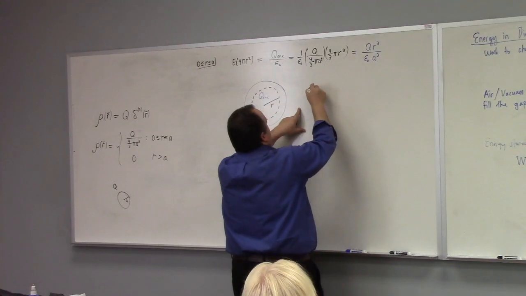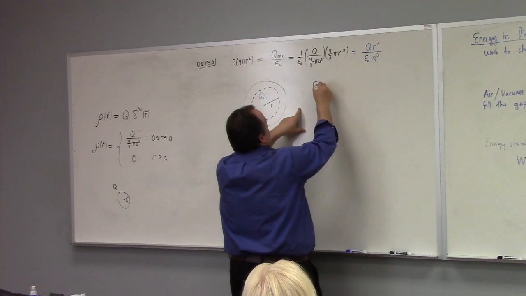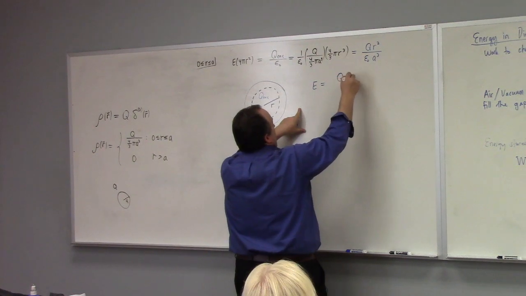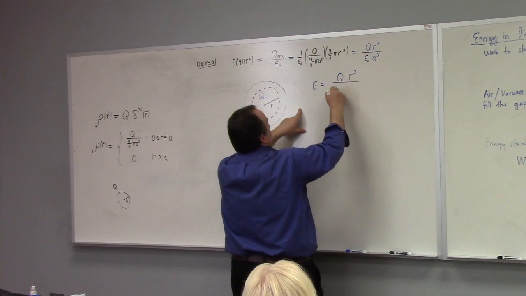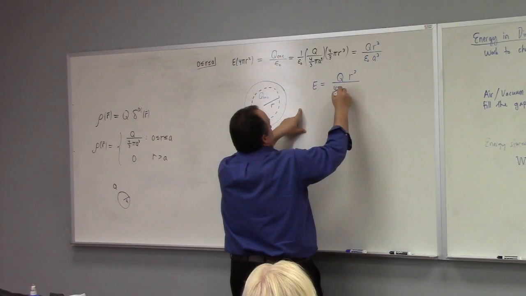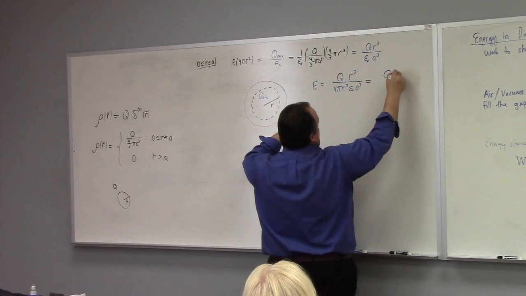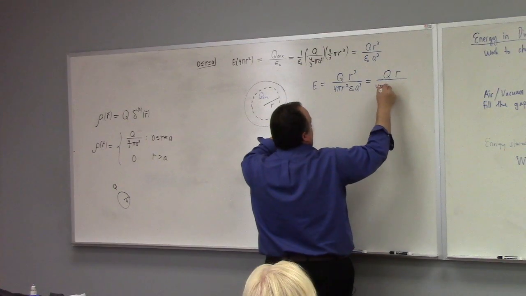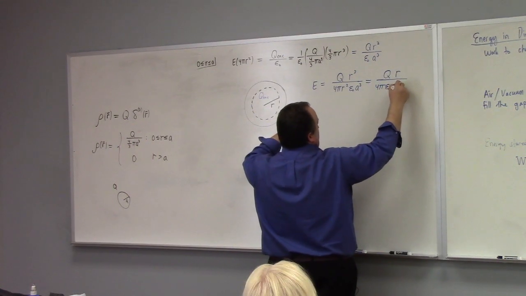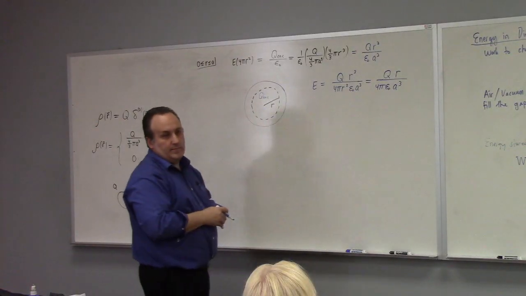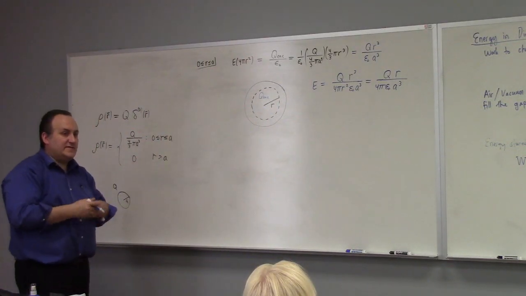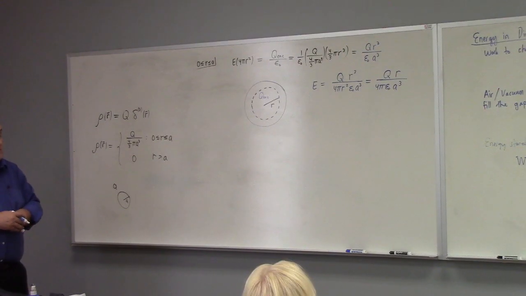So my electric field inside the uniformly charged sphere is given by Q r cubed divided by 4 pi r squared epsilon naught a cubed, which is actually Q r over 4 pi epsilon naught a cubed. That is the field inside the uniformly charged sphere. Now there's no divergence at the origin. That divergent electric field at the origin is what gave us the infinite energy.